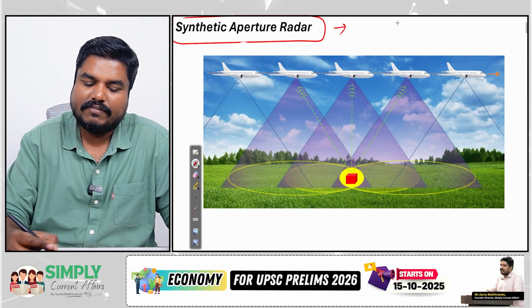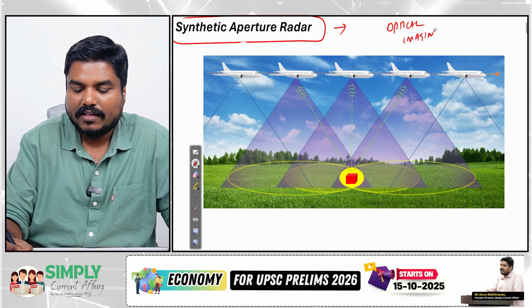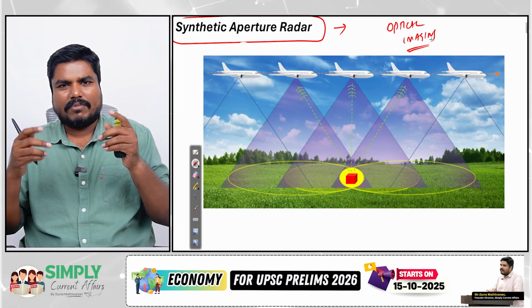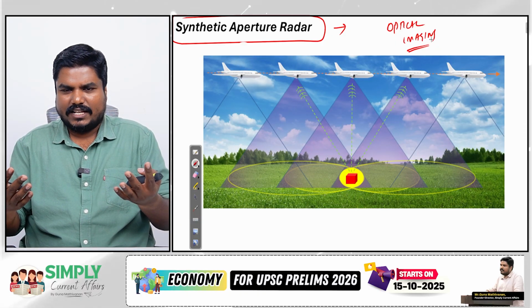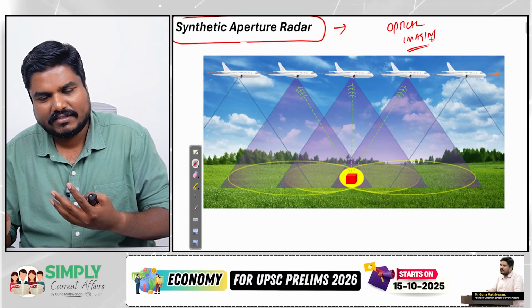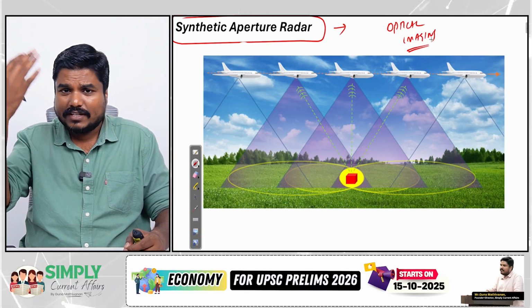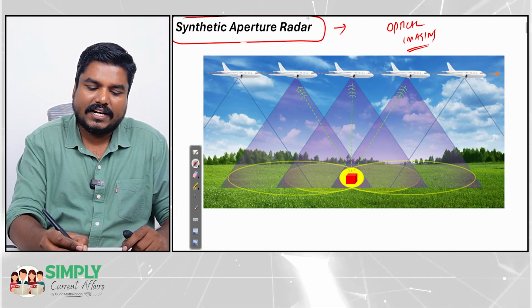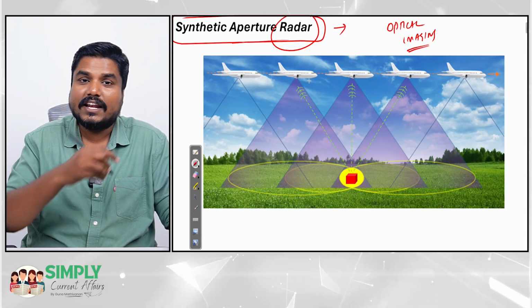What is it? When compared to normal camera optical imaging systems, the existing optical imaging systems use sunlight for taking photographs. But synthetic aperture radar, since we have radar here, we will be sending radio signals.